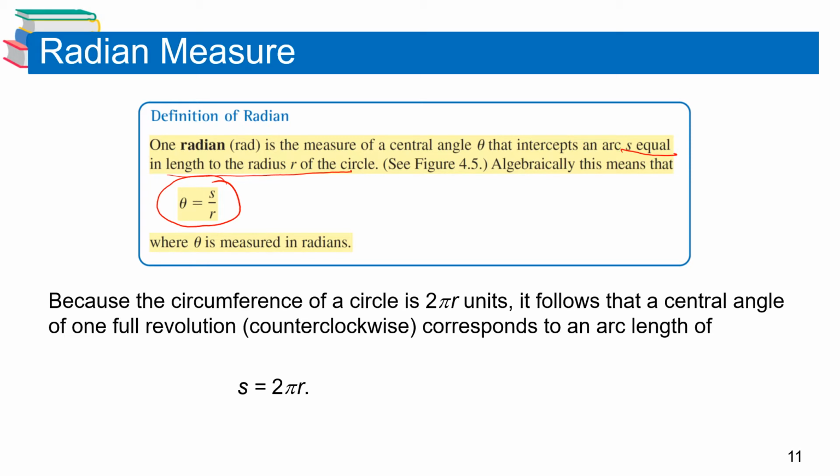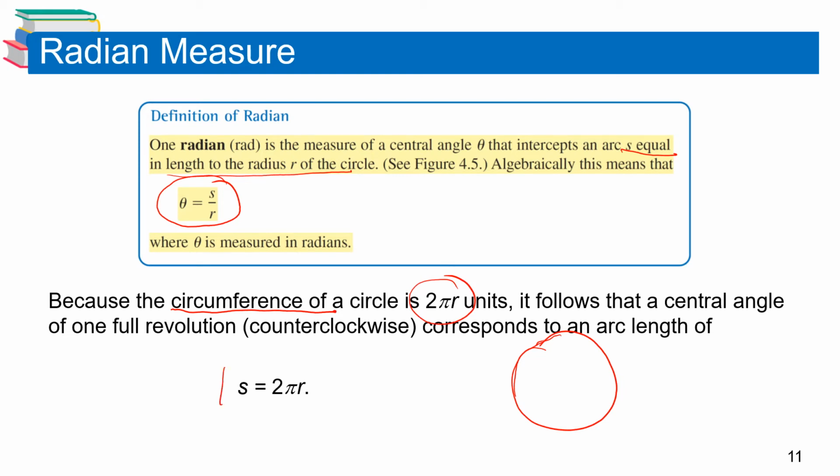If I have a complete circle, the complete arc length is the circumference of the circle, which is 2 pi r.